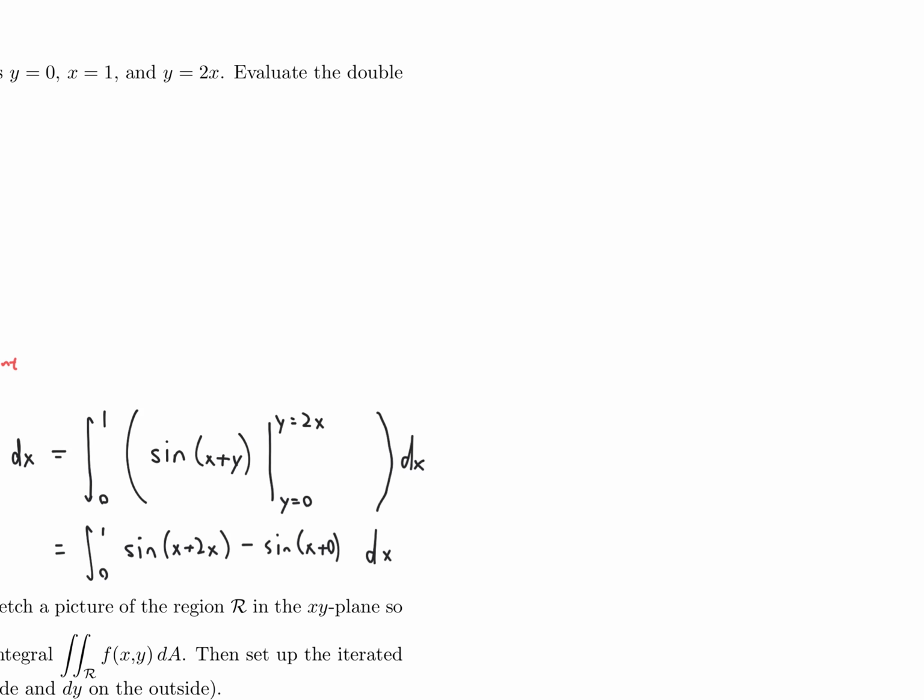We'll continue the problem a little bit just so you can see that more clearly. If I simplify this a little bit, you can see that I get the integral of sine of 3x minus sine of x dx, and now I just have a single variable calculus problem.